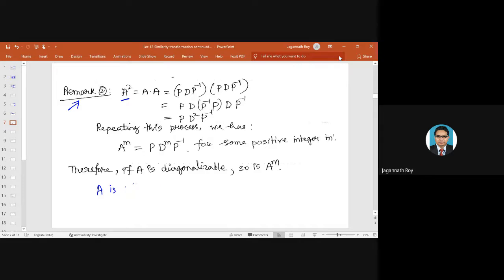If A is diagonalizable, then it means A equals P D P inverse, which is also written as P inverse AP equals D, where D is a diagonal matrix.